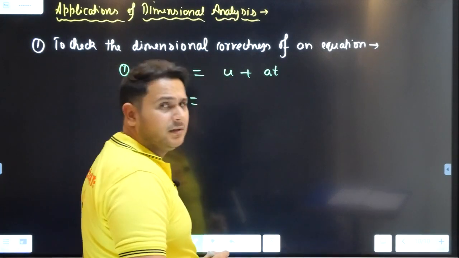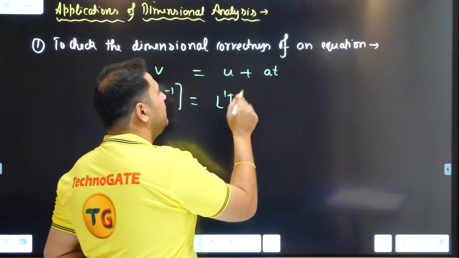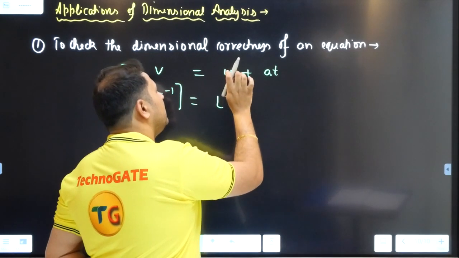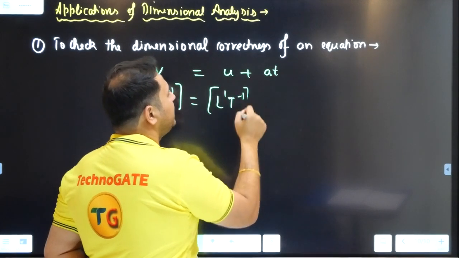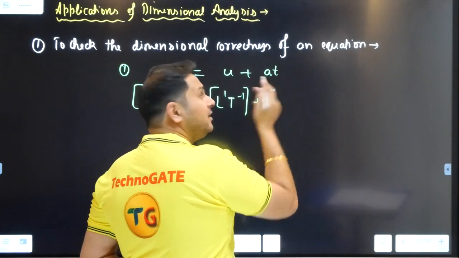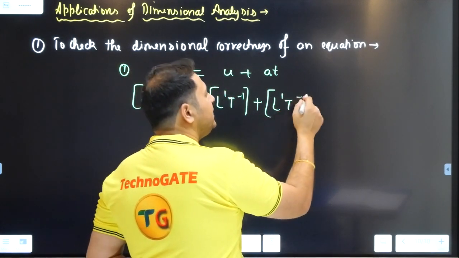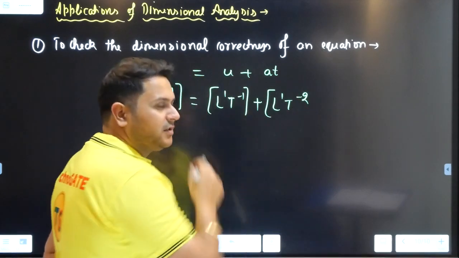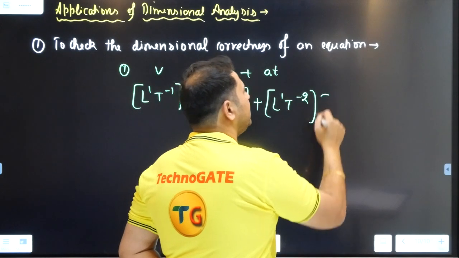Let us see what this RHS says. This is L1 T minus 1, plus a. Acceleration is what? Your L1 T minus 2. You can check the previous notes if you are not still getting it, right? Into t, this is again a time.